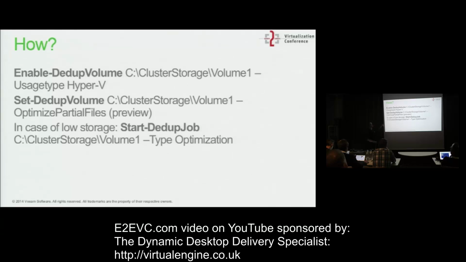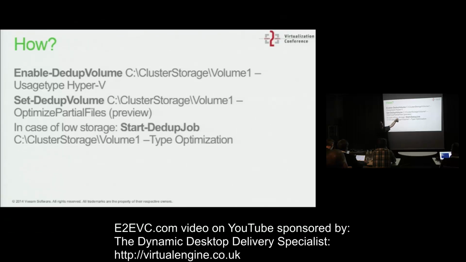The reason for that is, if you use file deduplication, partial files are not optimized, which means you basically will never have a VDI that's being optimized, because it will be running. But by saying optimize partial files, it will automatically be ready to do it live on a VDI that's actually running. Now I put this here because you needed to do this in the preview.